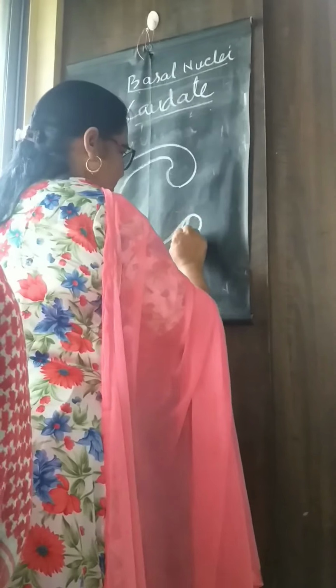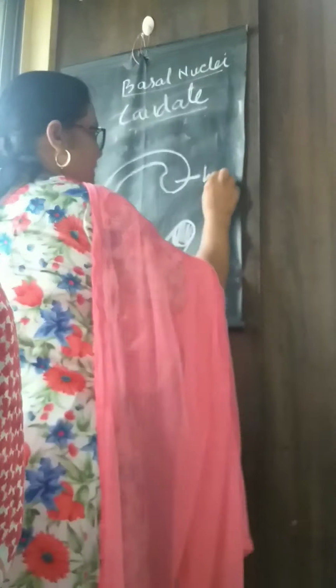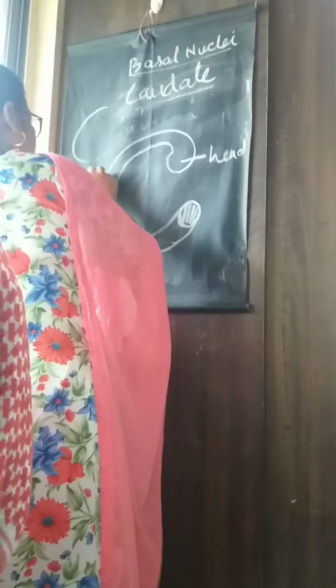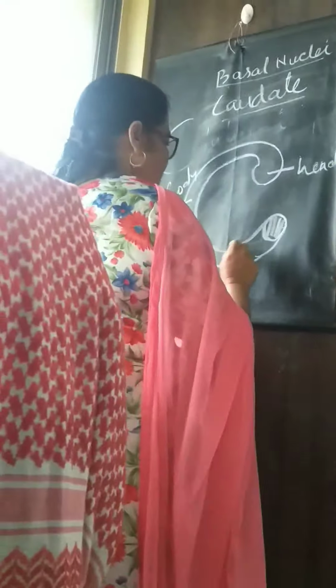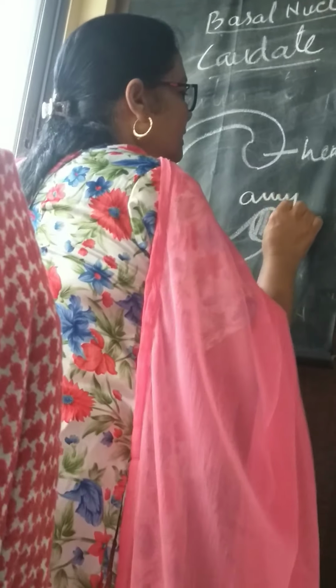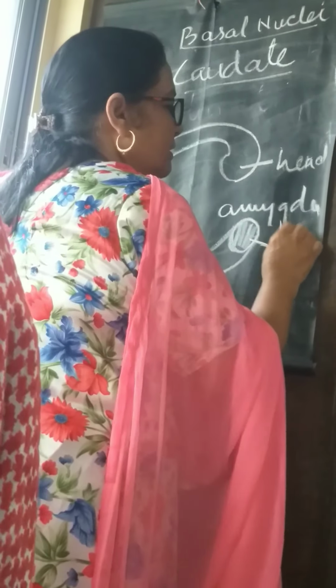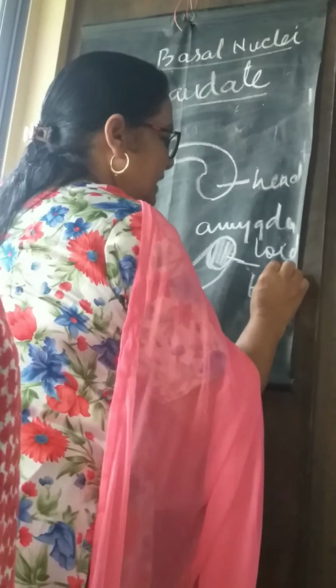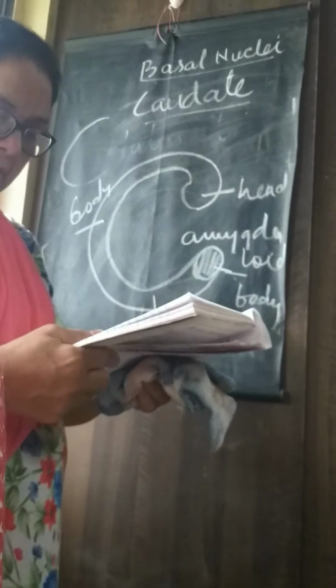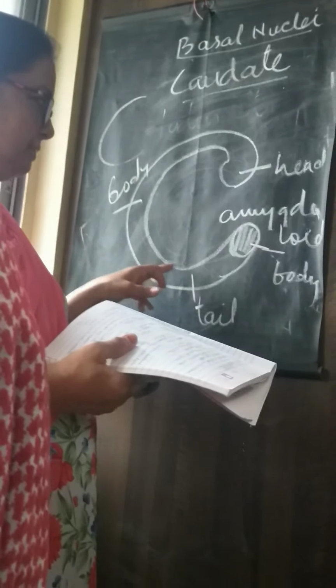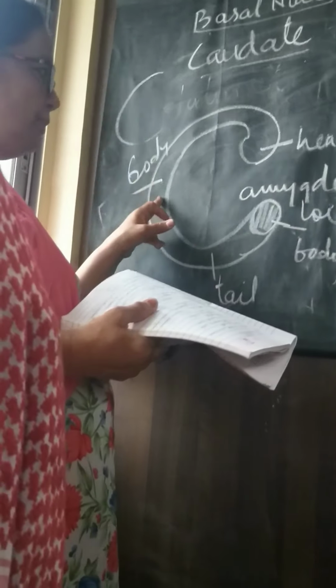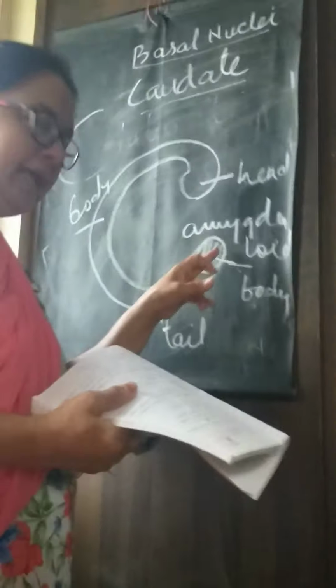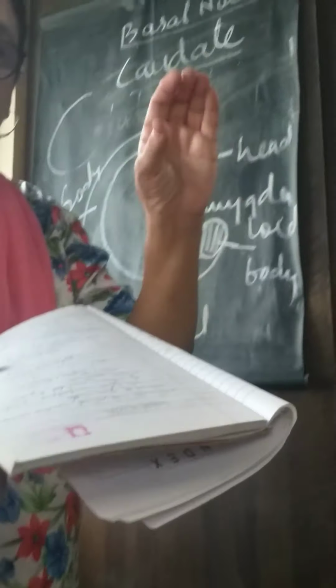Got it? It consists of the head, body and the tail. The tail ends into the amygdaloid body. So the caudate nucleus consists of head, body, tail, and the tail ends into a mass called the amygdaloid body.